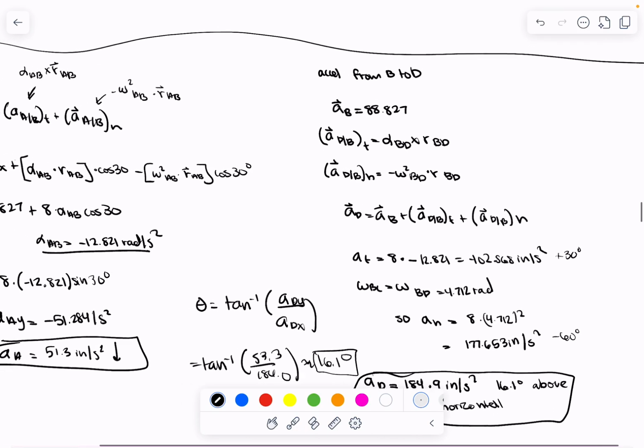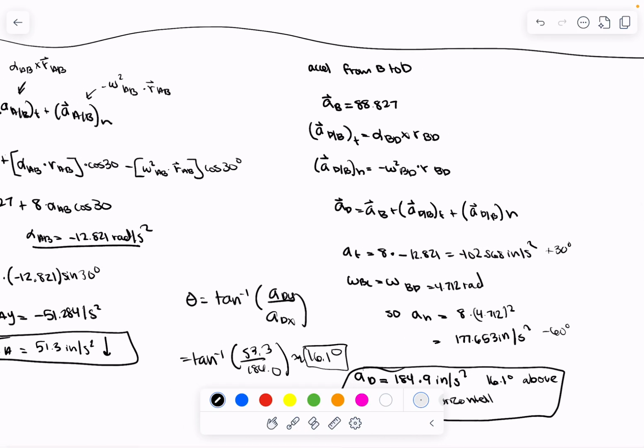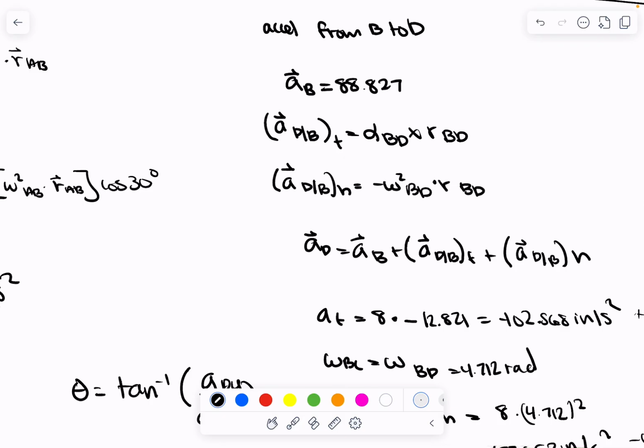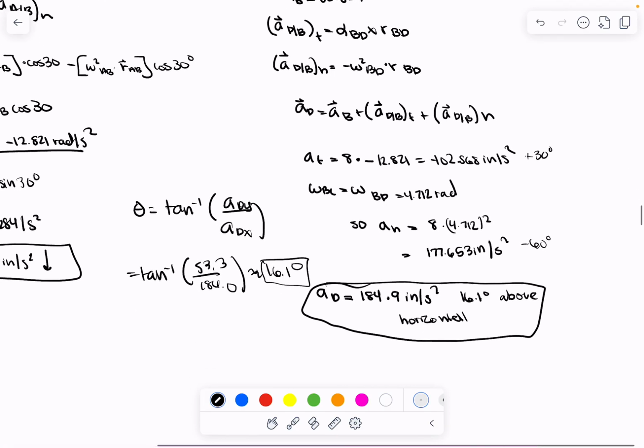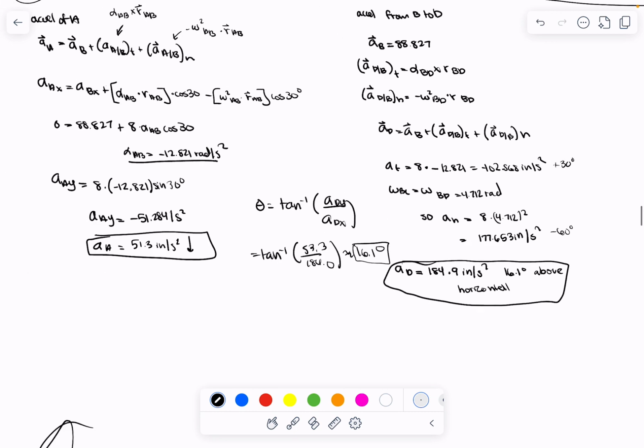And for the acceleration from B to D, you can have acceleration of B is equal to 88.827. And so we can write that in terms of acceleration of D with respect to B. And then we can solve for acceleration of D is equal to 184.9 inches per second squared at 16.1 degrees above the horizontal.